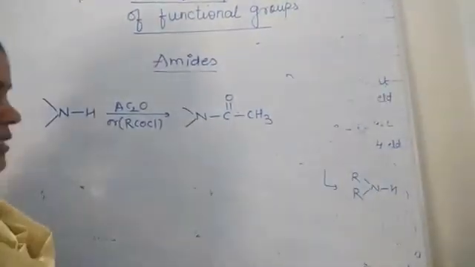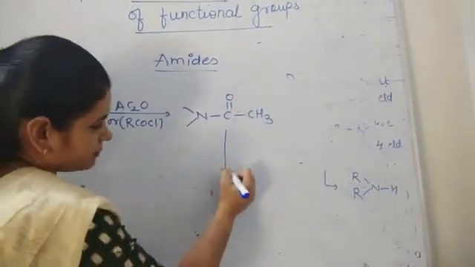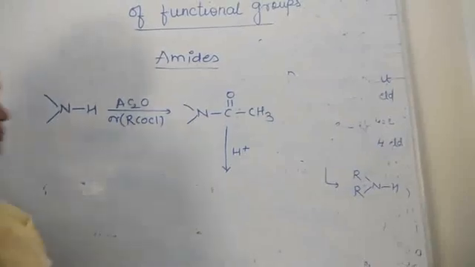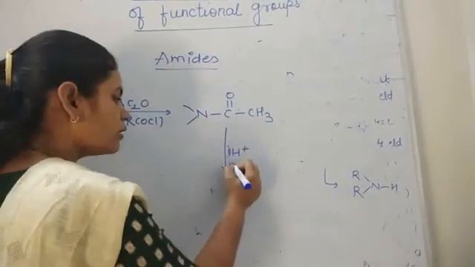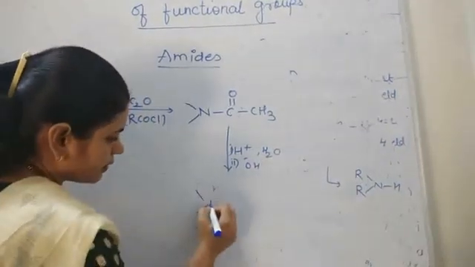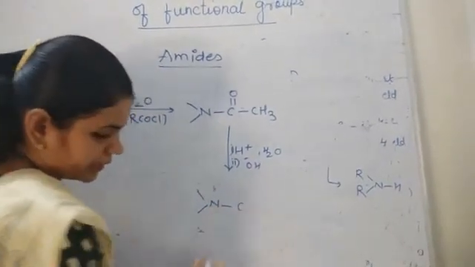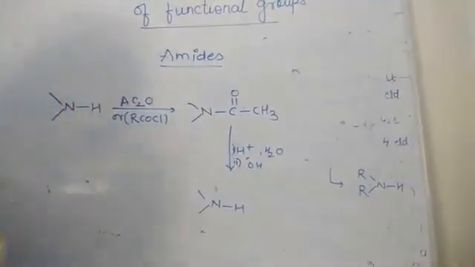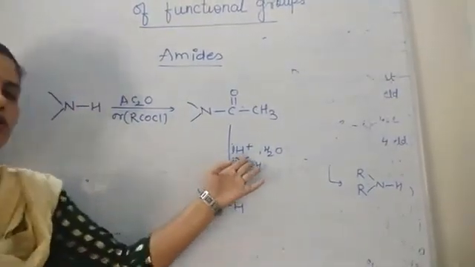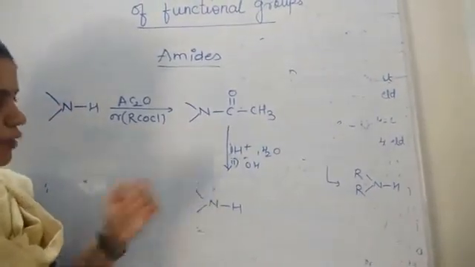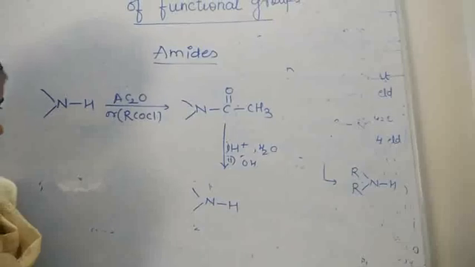Now this amide, in presence of H positive or OH negative, can be deprotected. We can do the deprotection of this amide by using a strong acid. Generally 6 normal HCl is used for deprotecting this amide group into amine.